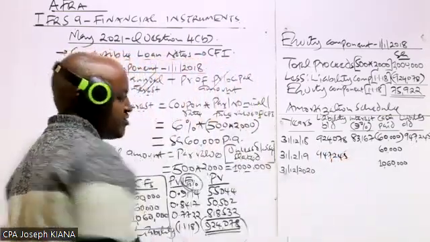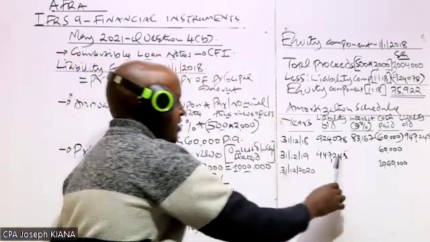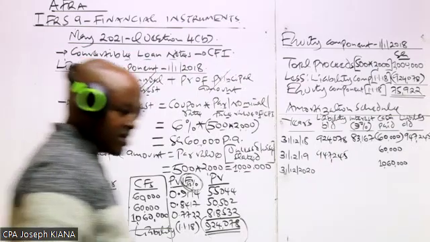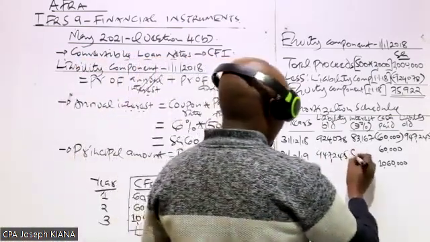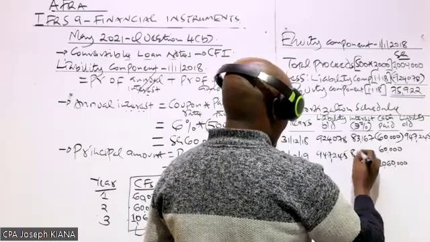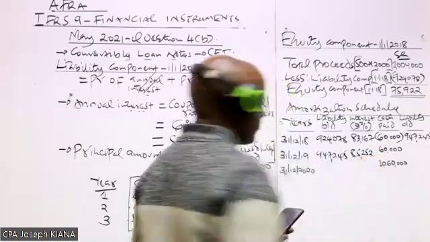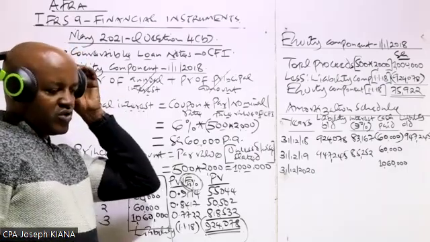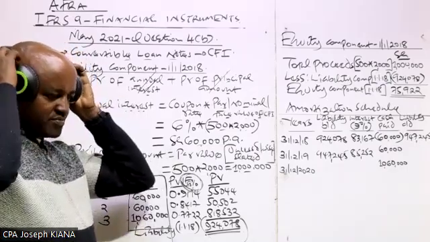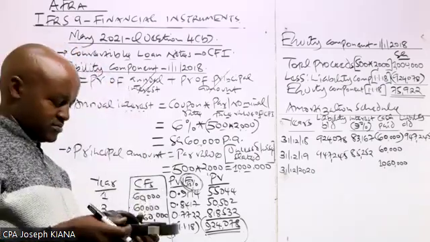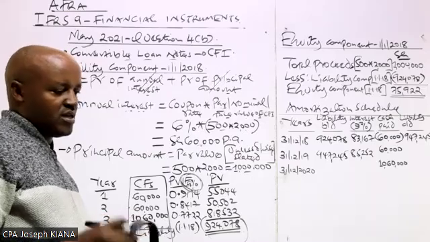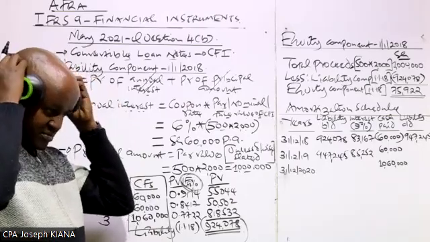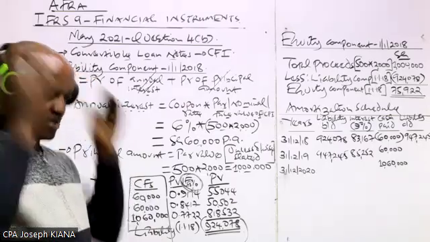So then we get the interest, 9% of this, which will give us 85,252.